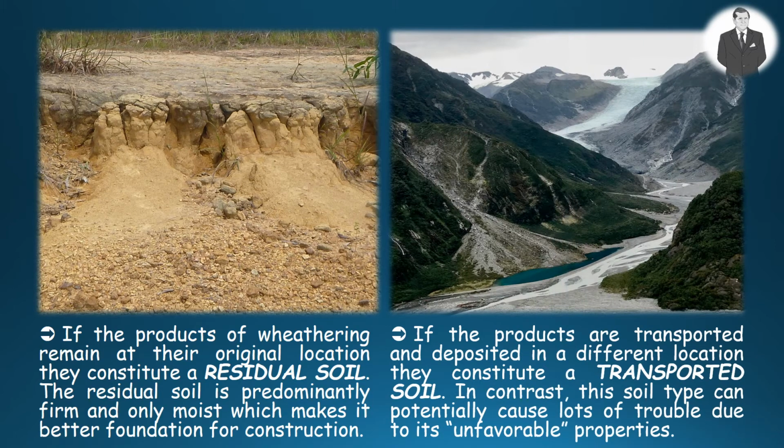However, if the products are carried and collected in a different location, they form a transported soil. Contrary to residual soil, this soil type can potentially lead to lots of trouble because of its unfavorable properties.